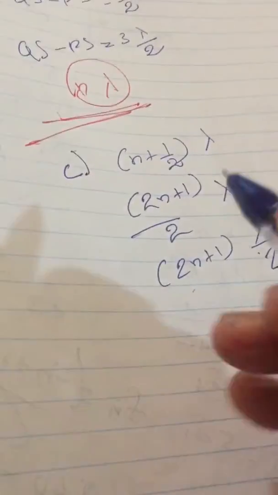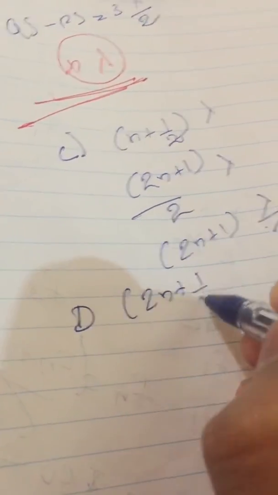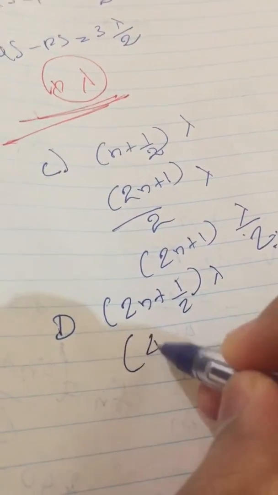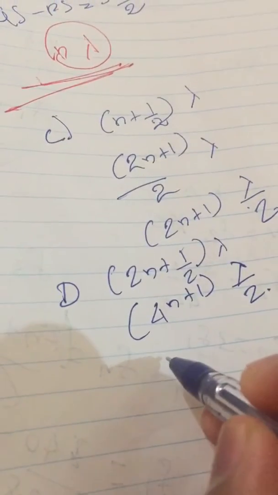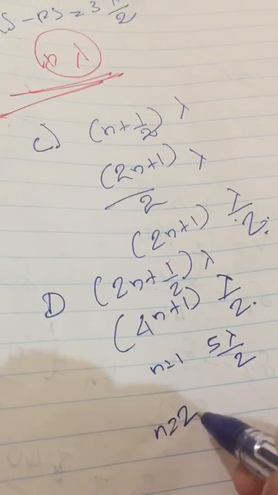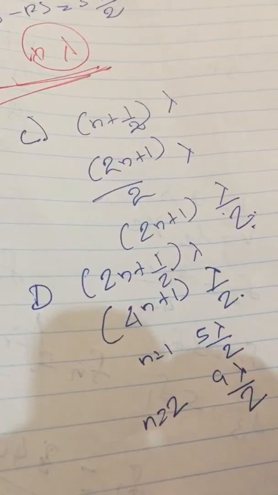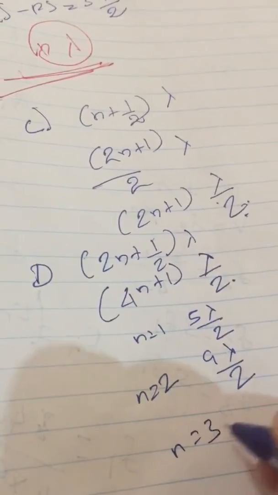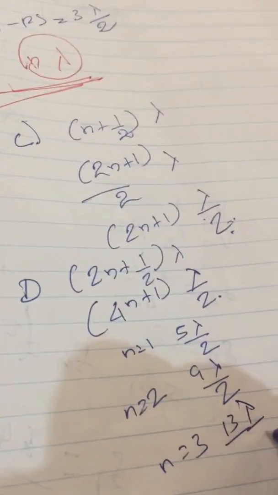And if you look at answer D, 2n plus half lambda, so if you take 2 common, that is like 4n plus 1 times lambda by 2. n equal to 1 would produce 5 lambda by 2, n equal to 2 would produce 9 lambda by 2, n equal to 3 would produce 13 lambda by 2.